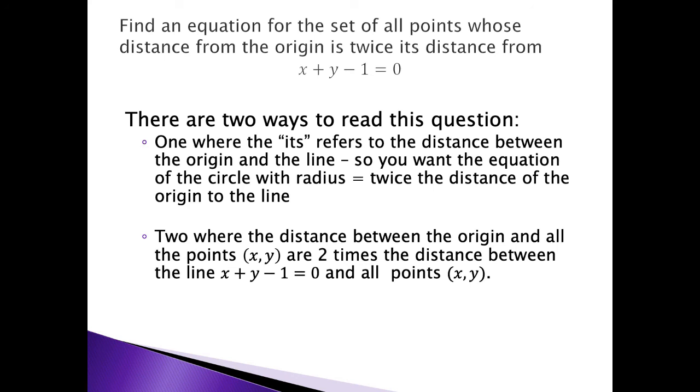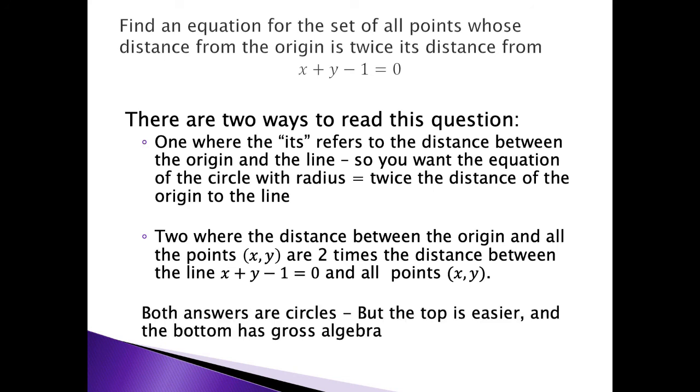So you have 1 times x plus, where 1 is the coefficient of your line, A, times x is your point, plus 1, which is the B, times y, minus c over the square root of 2, and you want twice that distance. So that's a harder question. That's actually gross algebra.